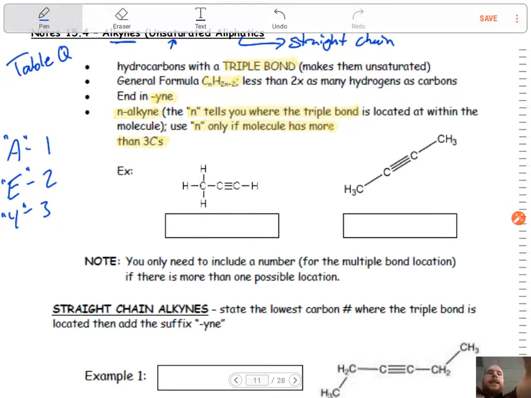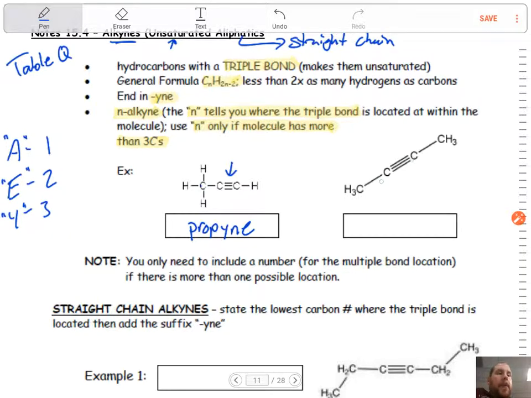Look on Table P, which has all of our prefixes so we don't have to memorize them. 3 would be prop. Now I see a triple bond, which means it's an alkyne, so this is going to be called propyne. That's it. Because there's only one location, we don't need to put a number for where it could be. There are not 2 locations where the triple bond could be.